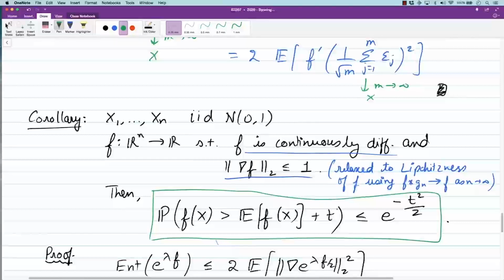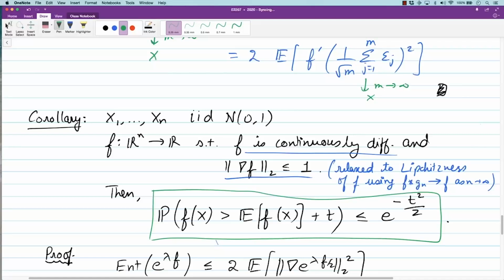So Lipschitz functions of Gaussian random variables have at least a one-sided sub-Gaussian tail bound. Actually, Lipschitz is a symmetric property, so by symmetry you can also show the other direction. So they have sub-Gaussian tail bounds on both sides with sub-Gaussianity parameter 1, or the Lipschitz constant if the Lipschitz constant is not 1. That's the claim.